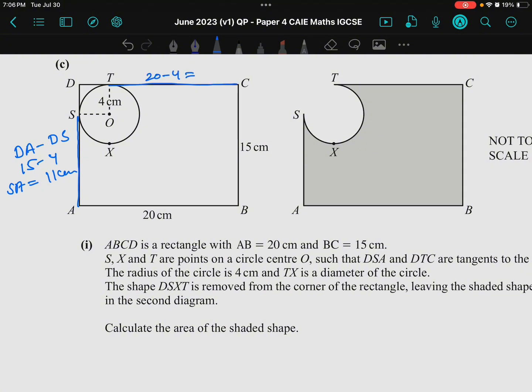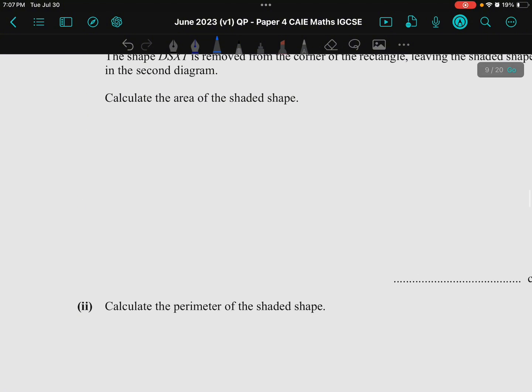It is 20 minus 4 equals 16. So I will write it here. It is 16, this is 15, this is 20 and this is 11. Now, first of all, calculate the area of the shaded region. So area of ABCD, the rectangle, length into breadth, 20 into 15 will give me 300 centimeter square.